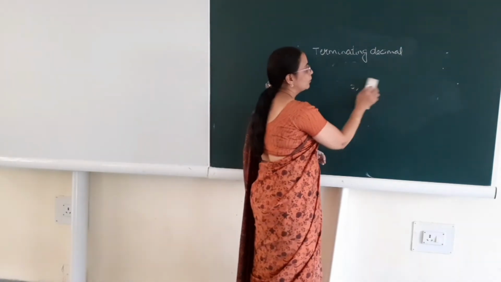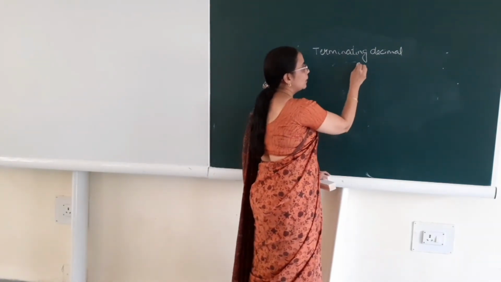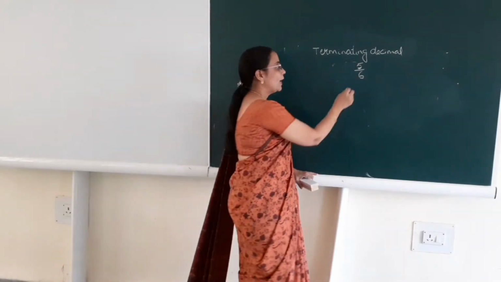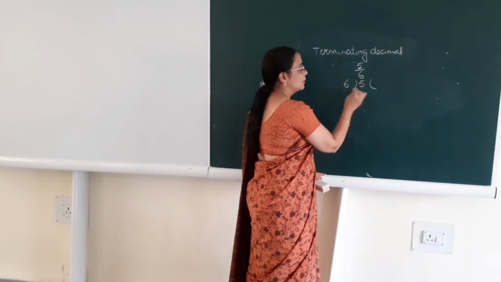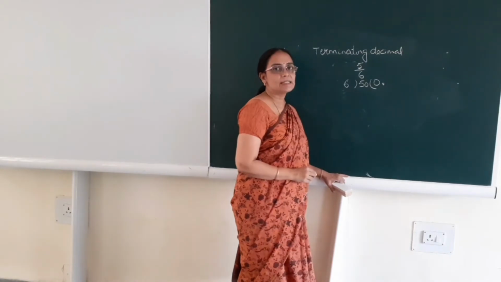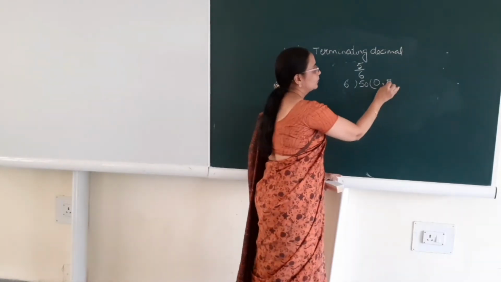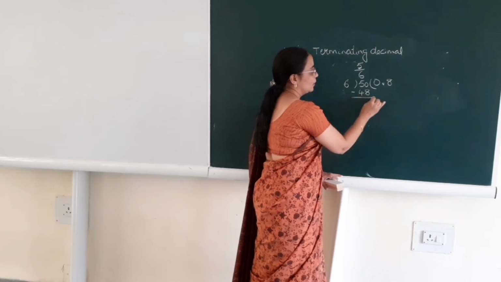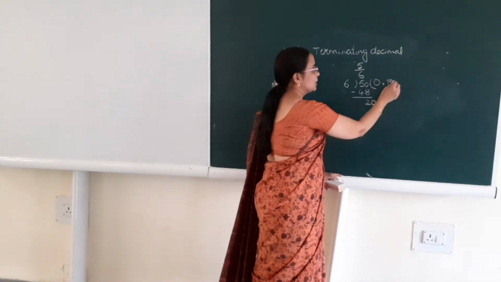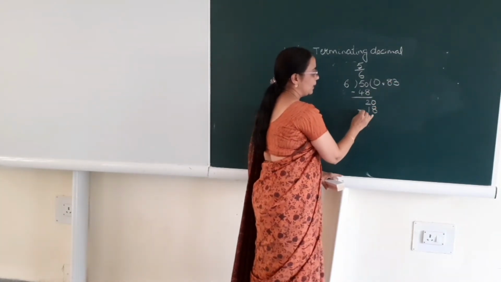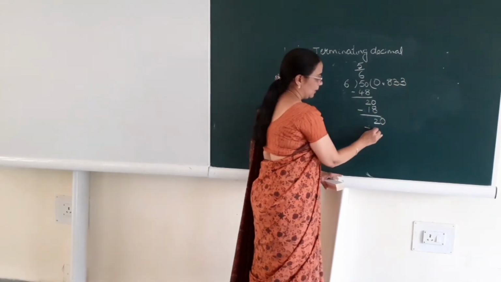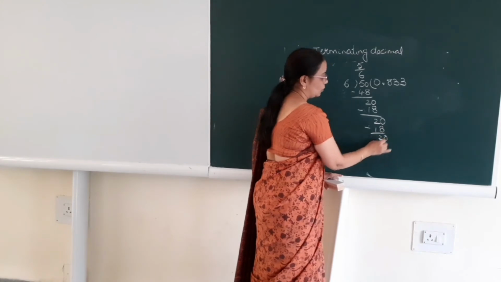For example, let us see the number 5 upon 6. Now dividing 5 by 6. We all know, we'll put a 0, 0.6, 8 sixes are 48, 10 minus 8, 2, again 0, 6 threes are 18, minus, again 2, again 0, 3, again 18, again 2, 0.